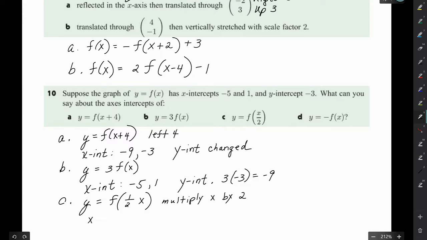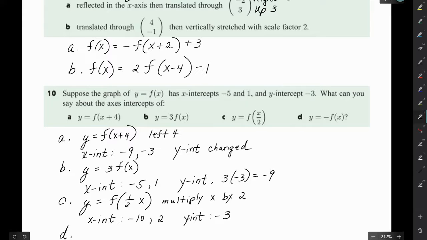Our x-intercepts are being multiplied by 2, so we're going to get -10 and 2. And our y-intercept is going to stay at -3.